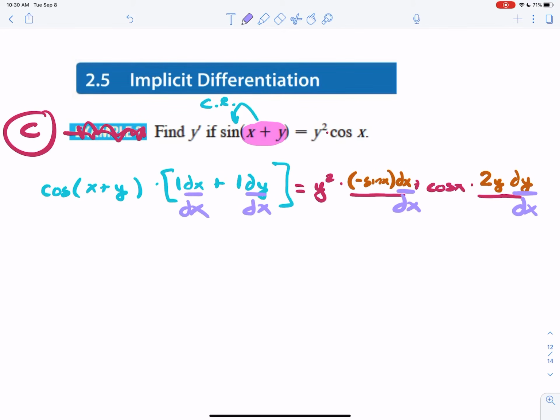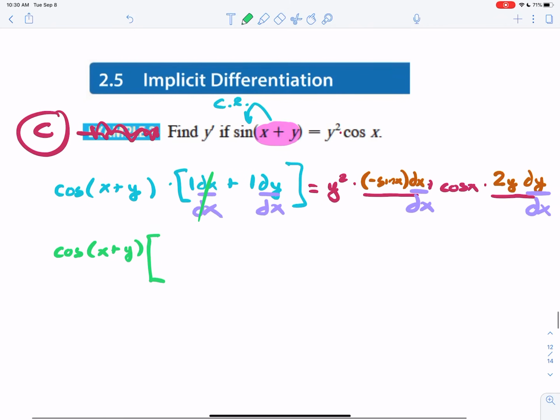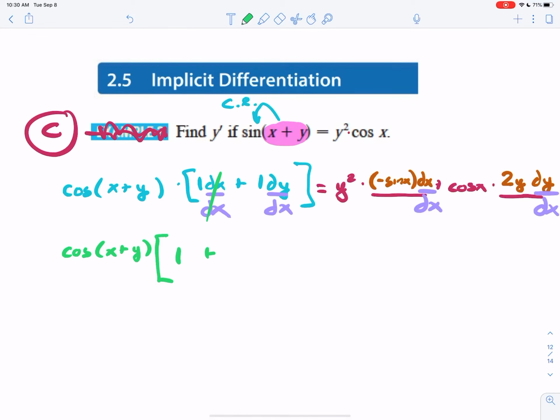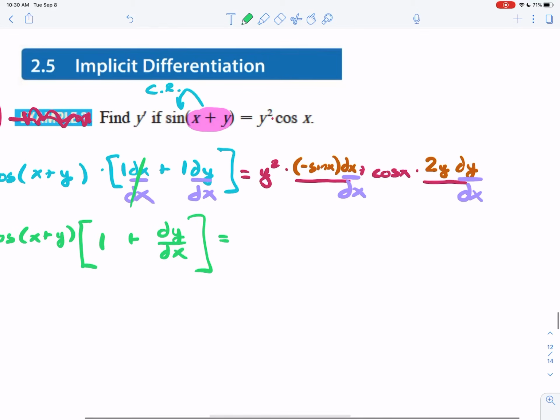I'm going to take this one step at a time so that we don't lose focus here. We have cosine of x plus y times 1 plus 1 dy/dx. You can put the 1 there if you like. Equals, I'm going to scoot that negative in the front here because it's all multiplying, negative y squared sine x. dx over dx goes away.